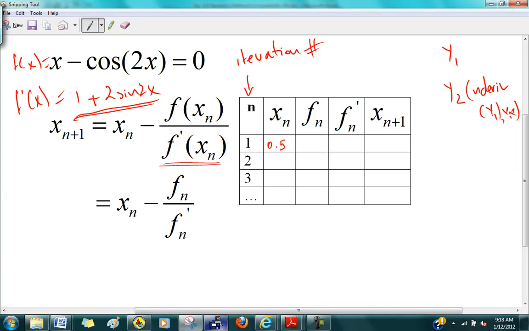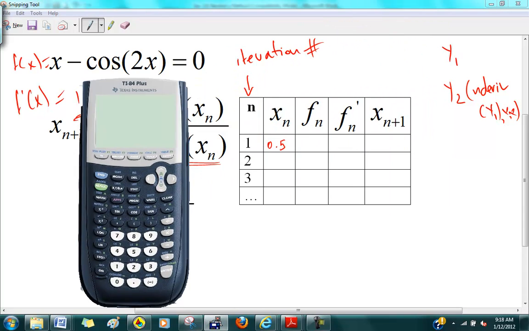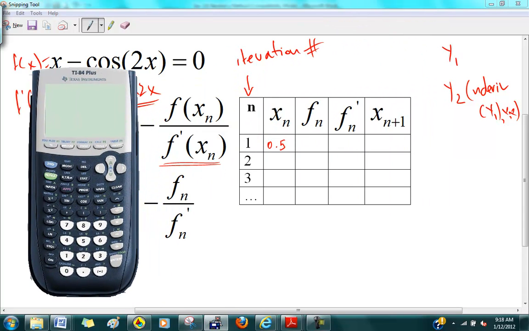So let me go fire my calculator up. Let me show you what I have in y1. I didn't use nDeriv. I actually used the derivative function itself in y2.